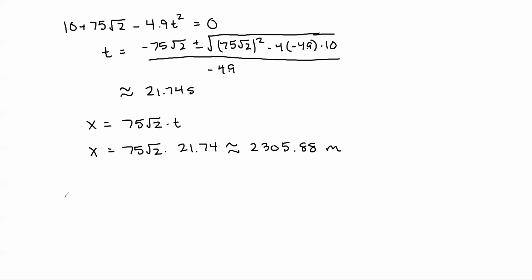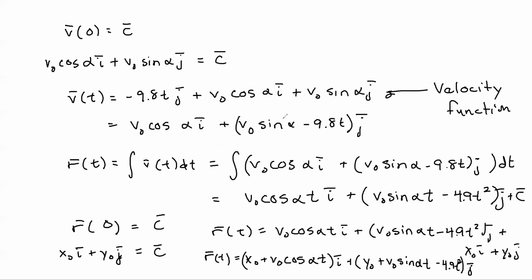Okay, so we know that v of t equals, wait, what did it equal? It's v naught cosine alpha, and then v naught sine alpha minus 9.8t.